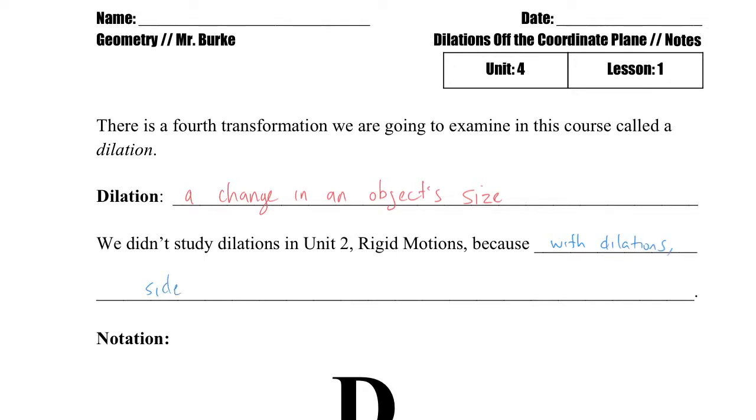Angle measure actually is. So angle measure is preserved, but side length isn't. So if the side lengths are not the same, then the pre-image is no longer congruent to the image, and so it's not a rigid motion. It does turn out that they're similar to each other, and we're going to talk about that later in this unit.